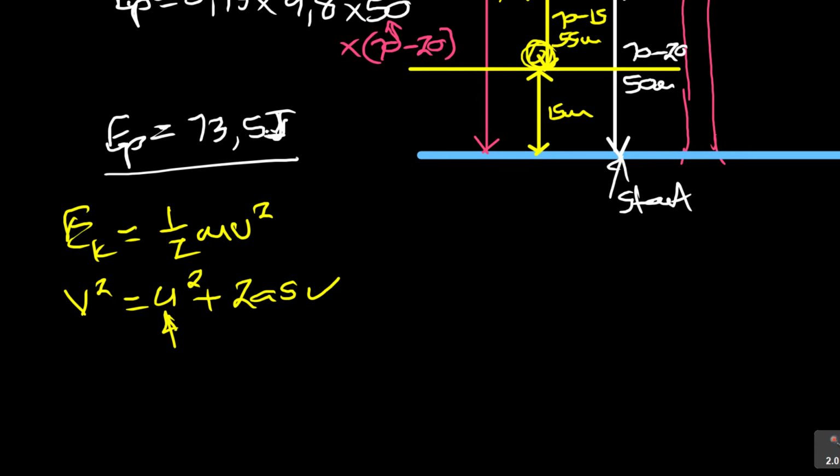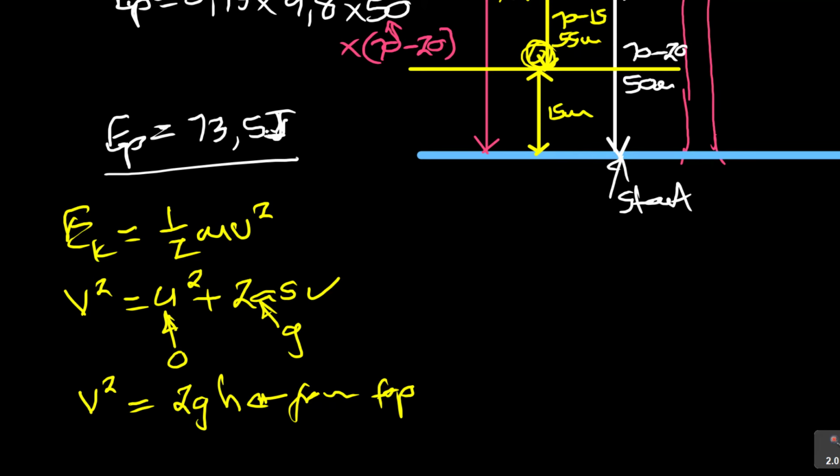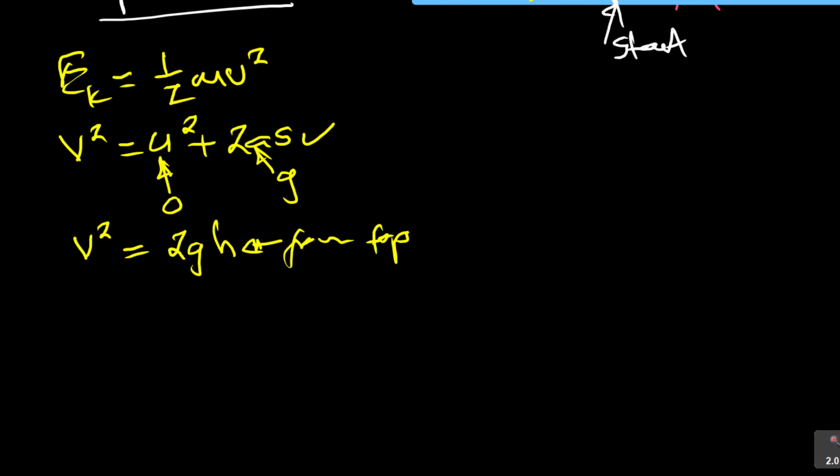Since we know that initial velocity is 0, we have v squared is equal to 2as. Now a is g, because it's falling freely, the acceleration due to gravity. So it's 2gs, and s is the height from the top, not from the bottom. Always remember, height from the top.